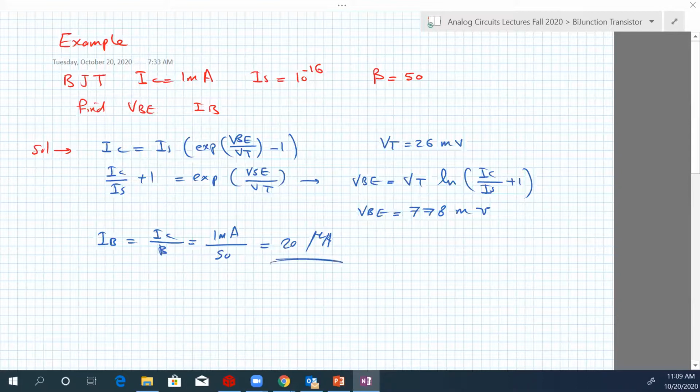This also gives you an idea about the values that you're going to see for IB. IB is usually very, very small, in microamps, basically because IC is usually in milliamps. So when you divide by a beta between 50 and 200, usually you get something in microamps.